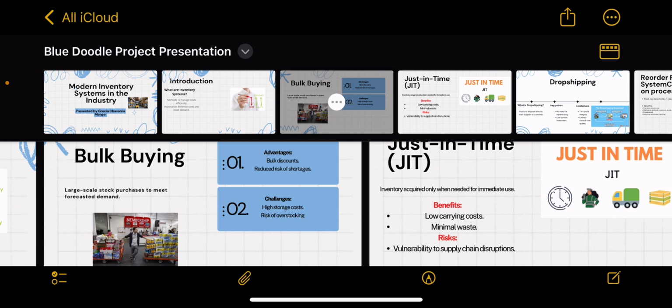They use that, and they minimize costs and save space.